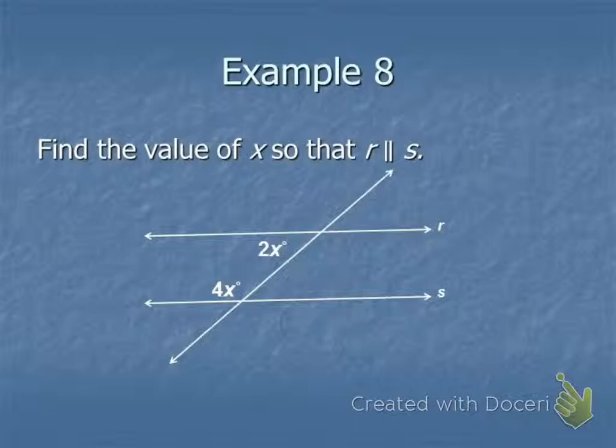So the directions here want us to find the value of x that would make the lines parallel. Well, if these are parallel, what would these add up to? 180 because they're same side interior. So, in order for that to happen, I need to solve for the x.